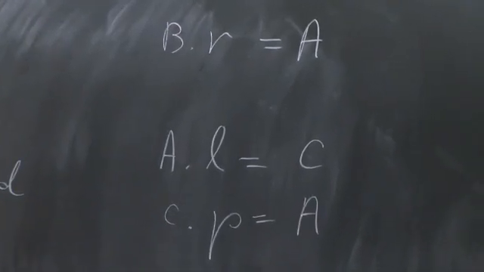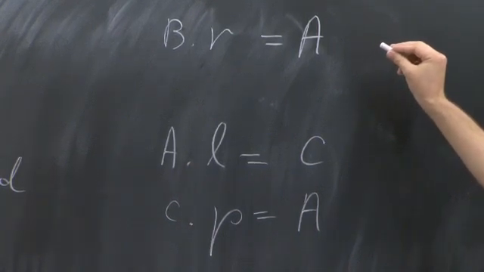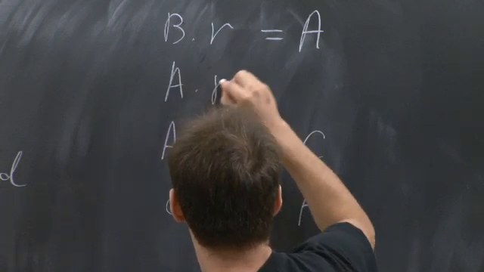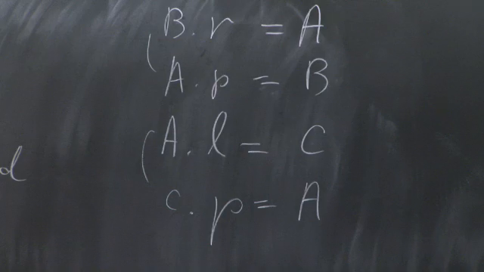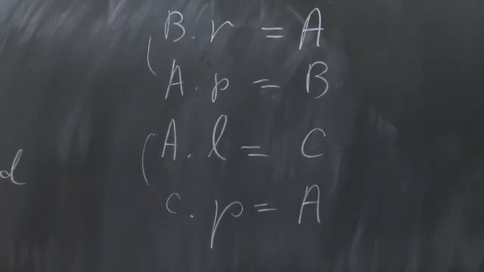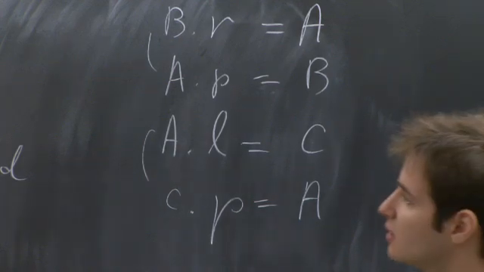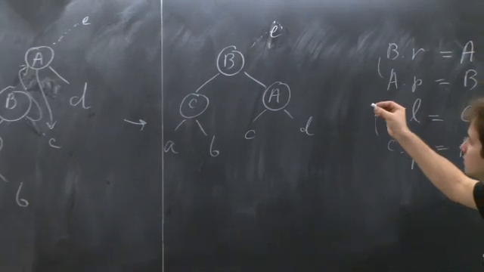Okay. So if B's right is A, then what should I do with A's parent? A's parent is B. Okay, always do them in pairs so you don't lose track of them. And B's parent is E and E's left child is B. So B's parent is E, right?